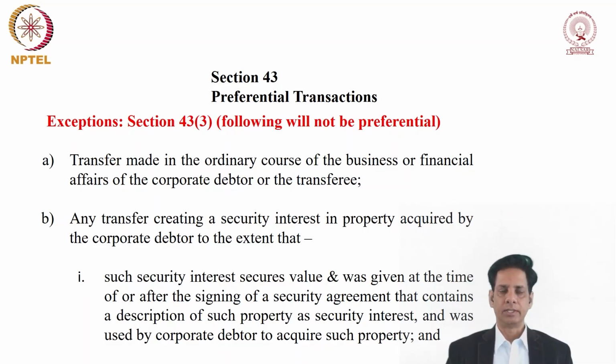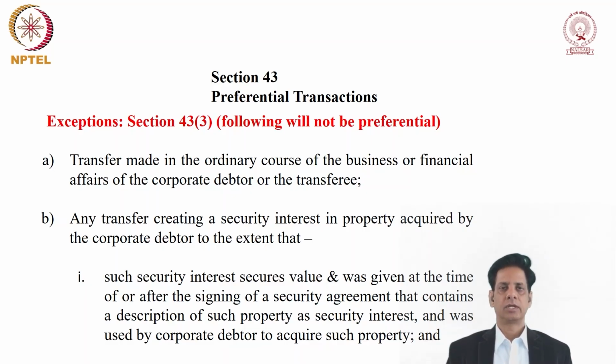I'm reading the part B now. Any transfer creating a security interest in property acquired by the corporate debtor to the extent that such security interest secures value and was given at the time of or after the signing of a security agreement that contains a description of such property as security interest and was used by a corporate debtor to acquire such property.